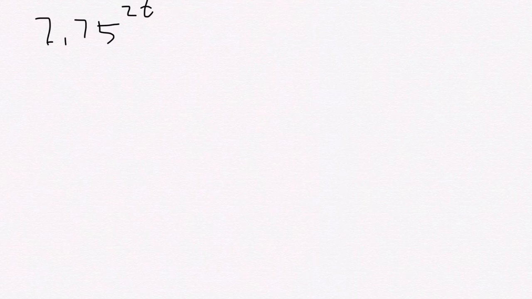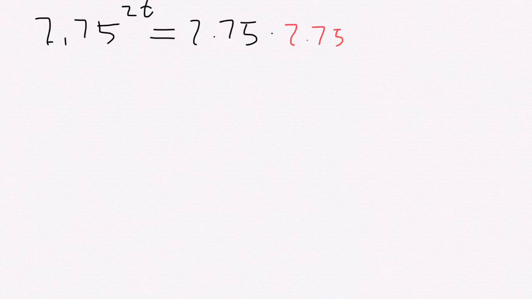Anyways, basically what you do is, let's say we have 2.75 to the 26th power. Our answer would be equal to 2.75 times 2.75 times 2.75 and so on, basically 2.75 multiplied by itself 26 times. And if you think about it, that's just multiplication.